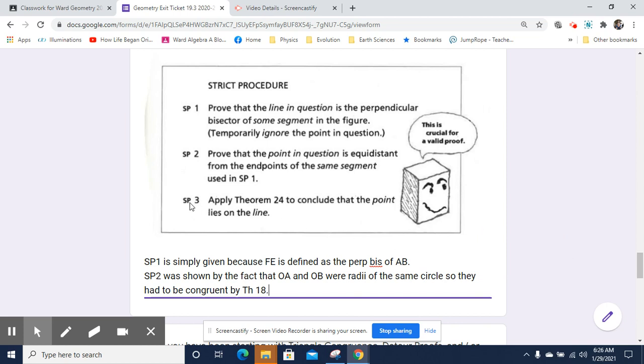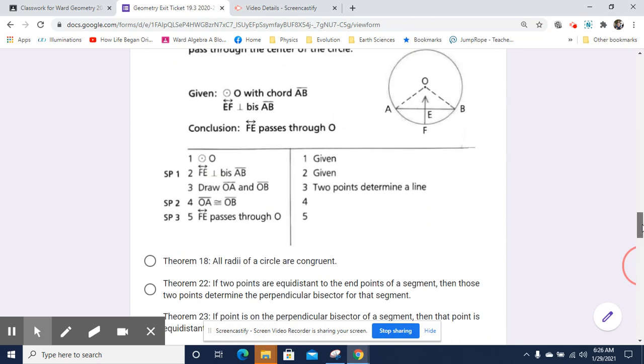Okay, then strict procedure 3, apply Theorem 24 to conclude that the point lies on the line. Well, how do we do that? What we combine is the meaning that FE is the perpendicular bisector and that O is equidistant. So that combination is Theorem 24.